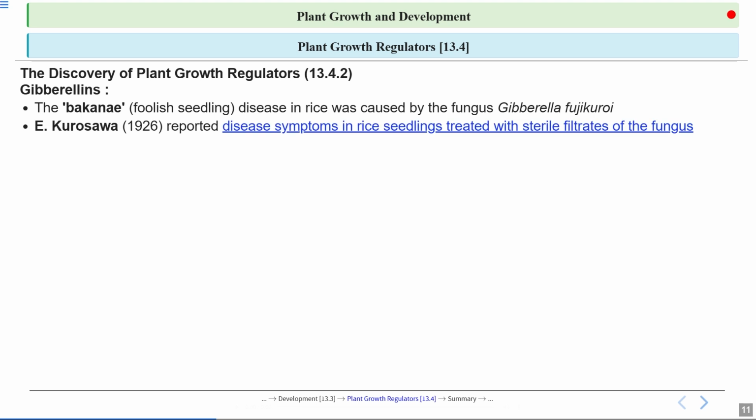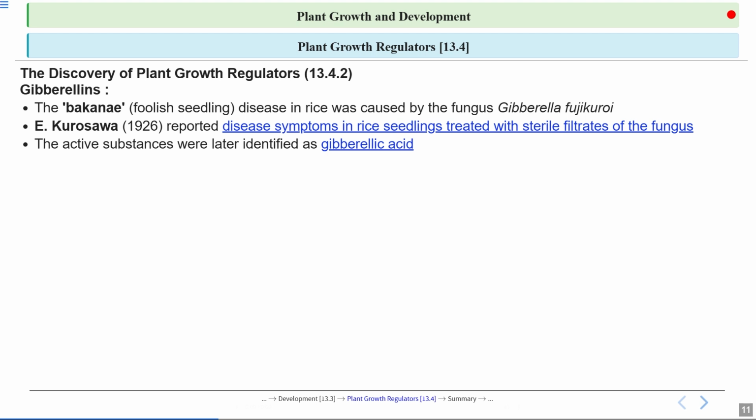E. Kurosawa, in the year 1926, reported disease symptoms in rice seedlings treated with the sterile filtrate of the fungus. What they did was take out the extract of the fungus, and when that extract was put on the seedlings of rice, the same disease symptoms appeared on the rice plant.